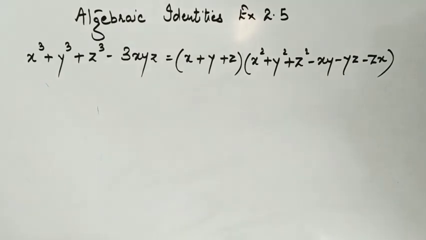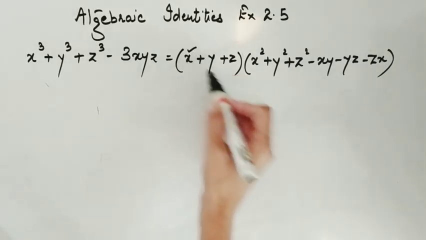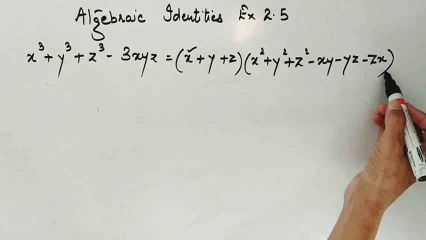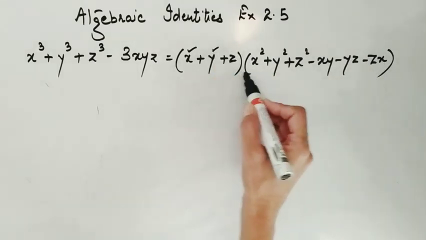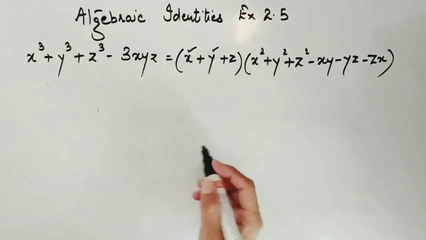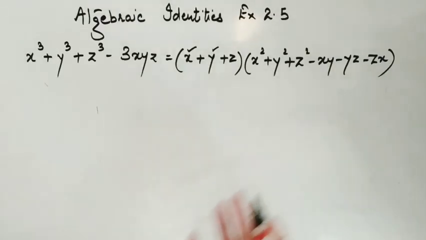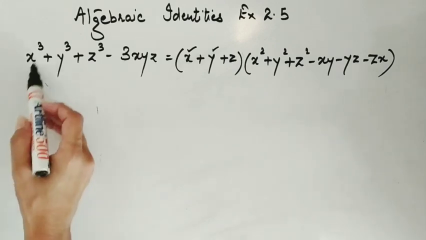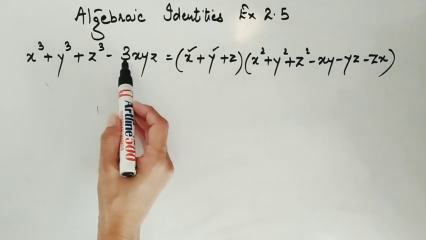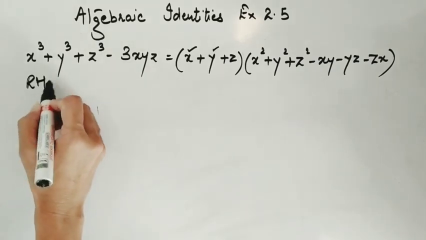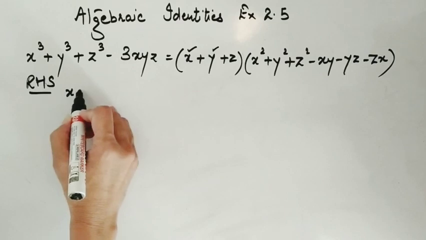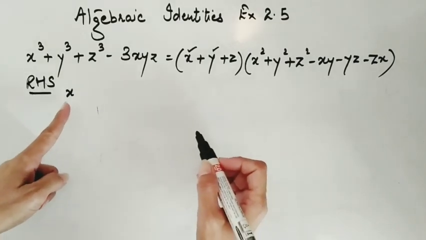Alright, so let's begin. The proof for this, although would not be asked, but still I would share with you. We need to multiply x with all 6 terms, then y with all, and then finally z with all. On simplification you would see most of the terms would cancel and finally it would be x cube plus y cube plus z cube minus 3 times xyz. Let's do it. So we are picking up RHS and multiplying them.